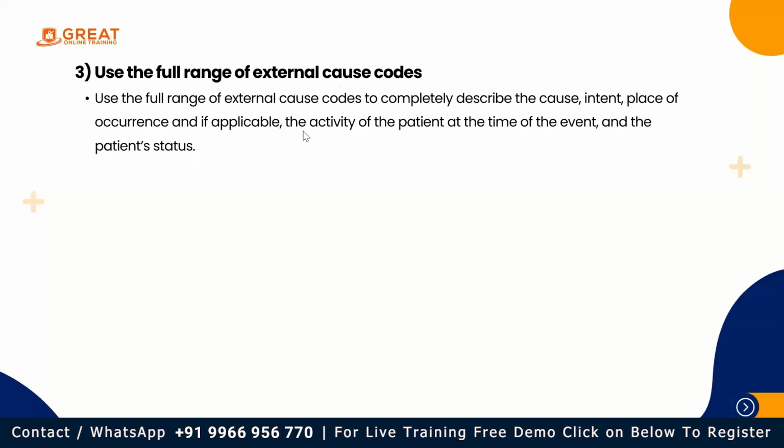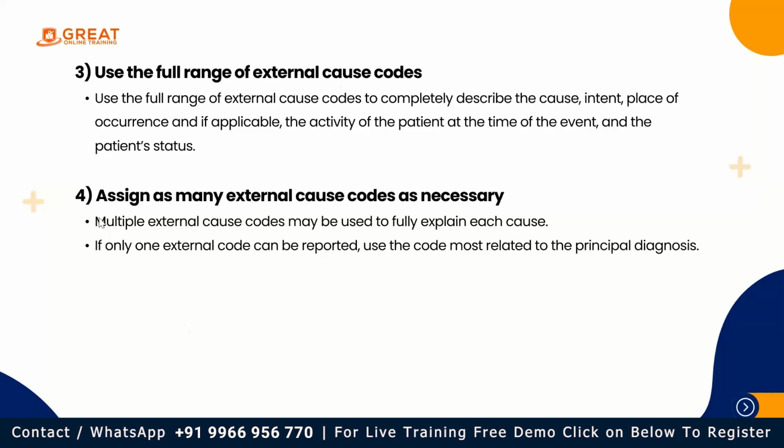If the physician has not mentioned the activity, patient status, or place of occurrence, or it is not present for your patient, you do not need to code them. If it is documented, you have to code for it. But most of the time external causes will be there, which cause that particular injury.